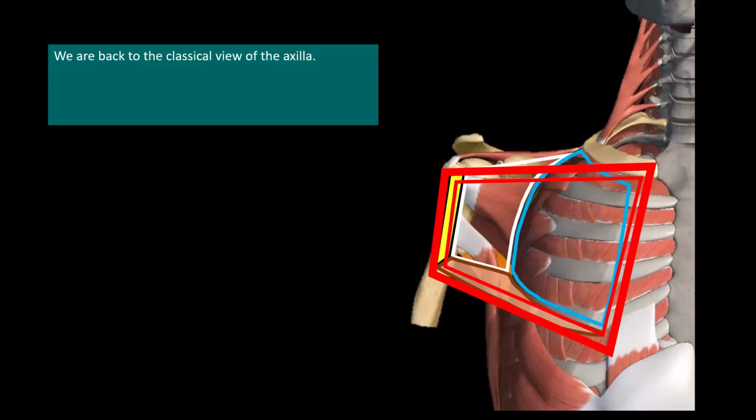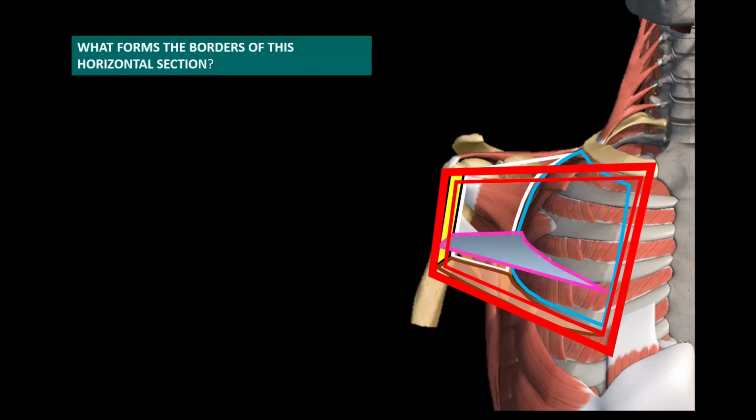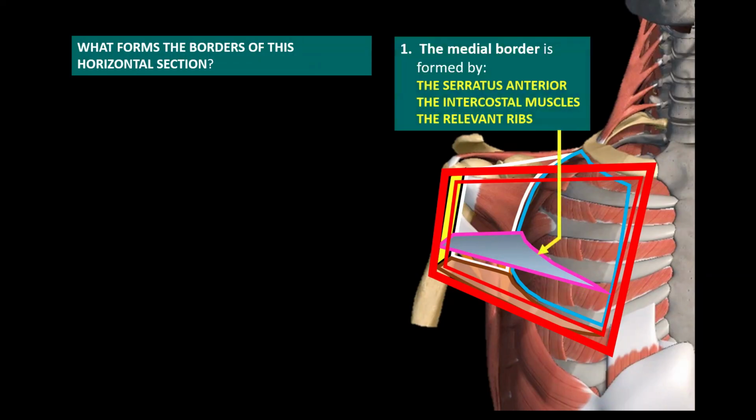We are back to the classical view of the axilla. Let's now study a horizontal section through the axilla at this level. What forms the borders of this horizontal section? 1. The medial border is formed by the serratus anterior, the intercostal muscles, and the relevant ribs. 2.